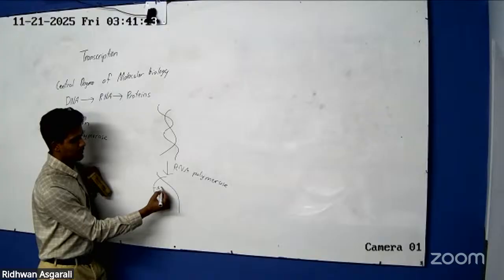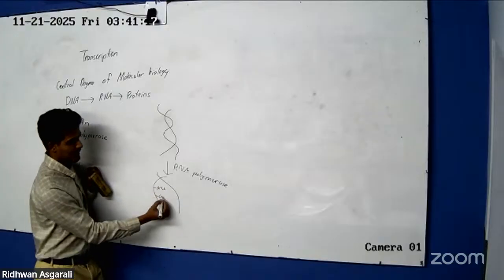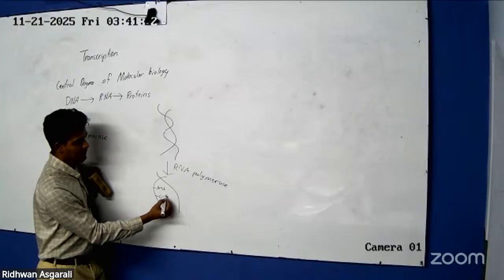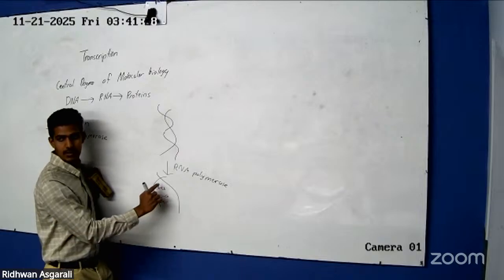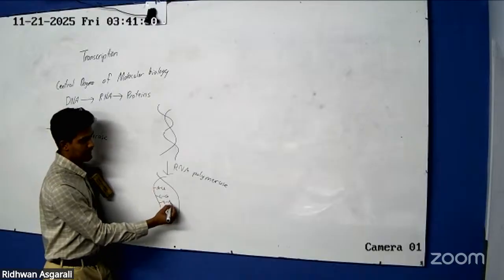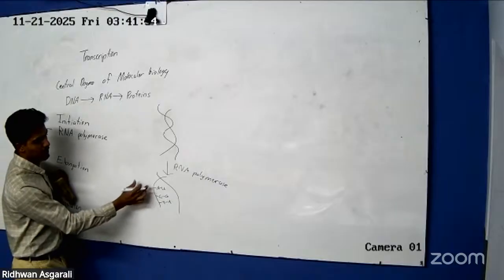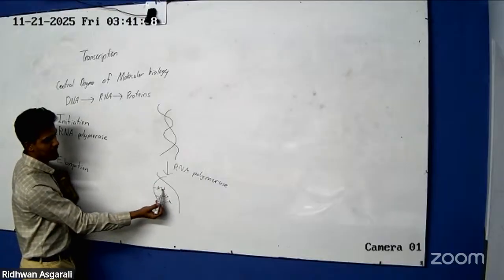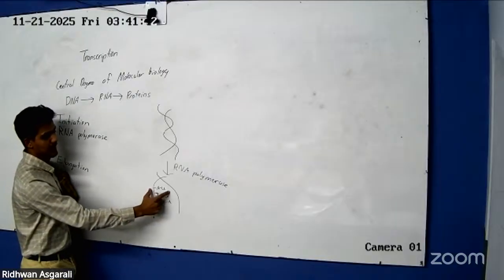U. Remember, RNA doesn't contain any T's. Which one will be complementary to C? G. And which one will be complementary to T? It'll be A, right? So what RNA polymerase would do is go along the DNA strand and make complementary bases to the DNA. This is the transcription part.